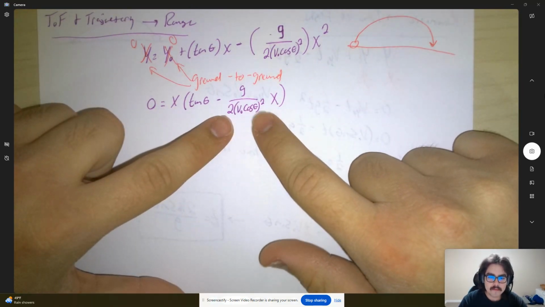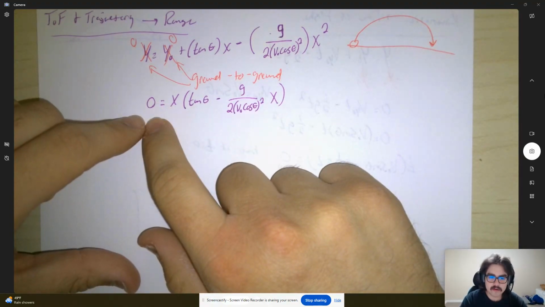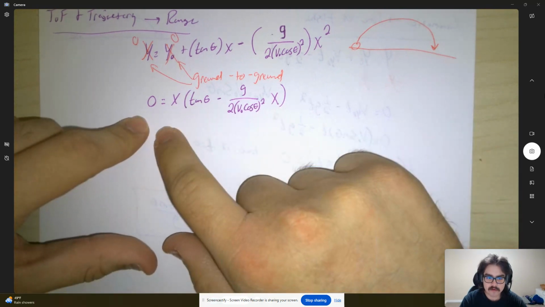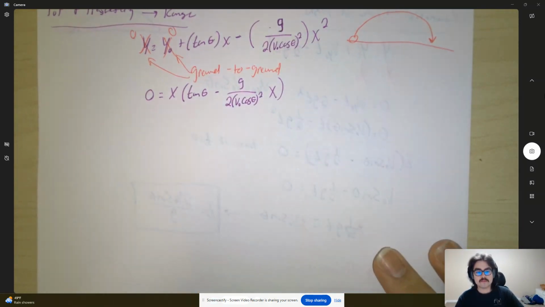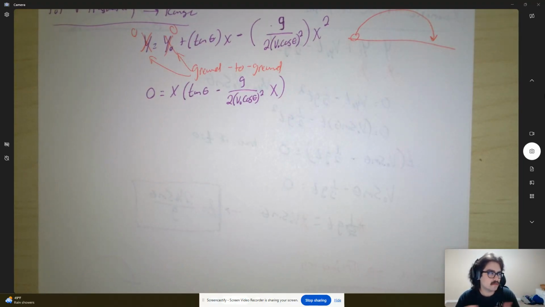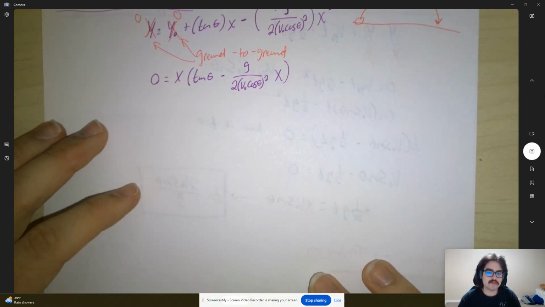But what I'm going to do is I can say x equals 0, and that'll turn this whole thing into 0, right? Or I can take what's inside the parentheses and set that equal to 0, which is what I actually want to do. Because one of my solutions is x equals 0, but then the projectile hasn't been launched yet, right? X is the range, the distance the projectile goes horizontally.